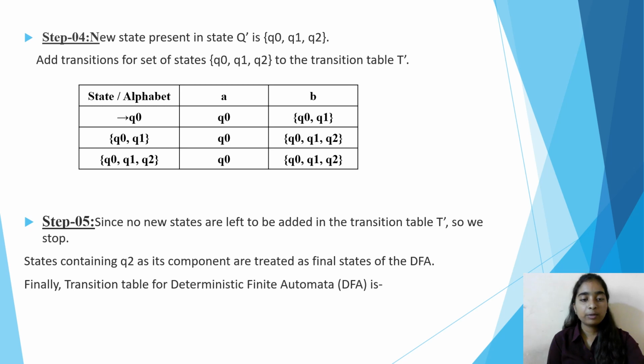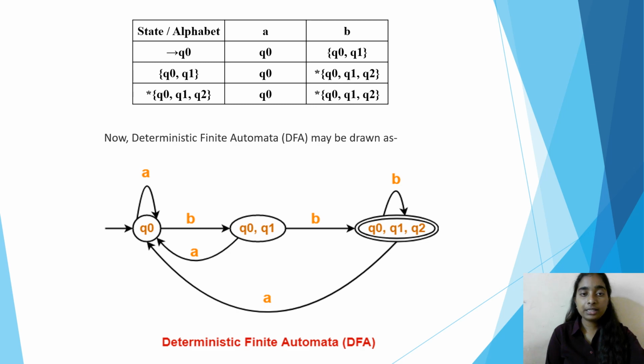Finally, the transition table for the deterministic finite automaton: we obtain this table by adding the new states to the transition table T'. By using this table, the deterministic finite automaton may be drawn as follows. Q0 on A is only Q0, and Q0 on B is Q0, Q1. Next, Q0, Q1 on A is Q0, therefore it is drawn as a loop back to Q0, and Q0, Q1 on B is Q0, Q1, Q2.